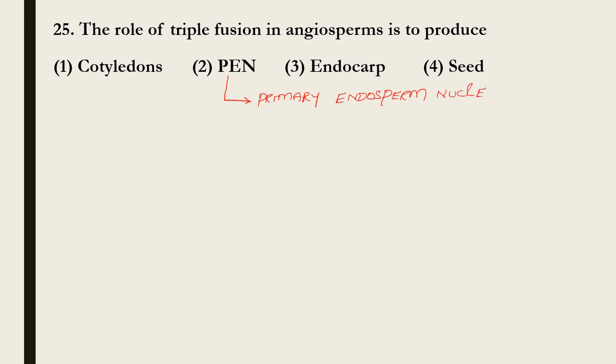It is the role of triple fusion in angiosperms to produce PEN. So the correct answer is 2.